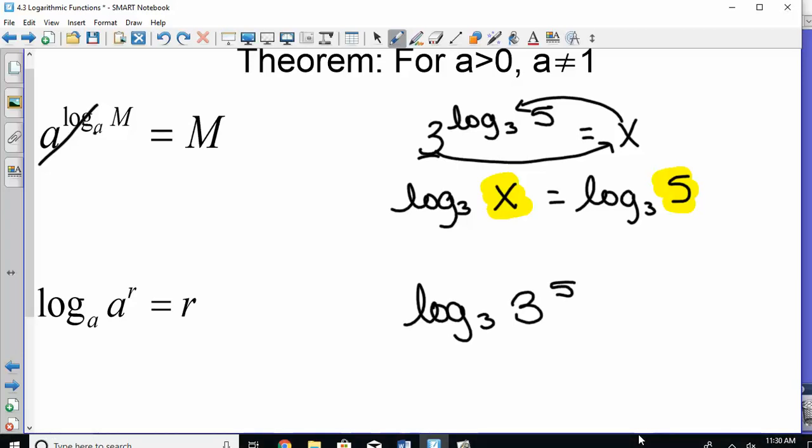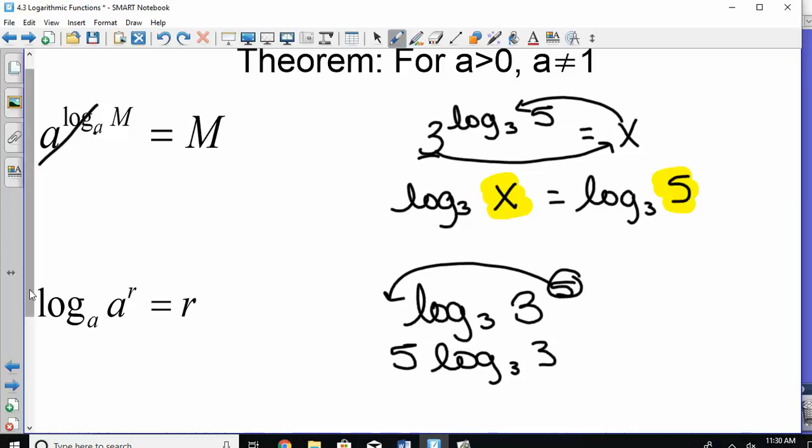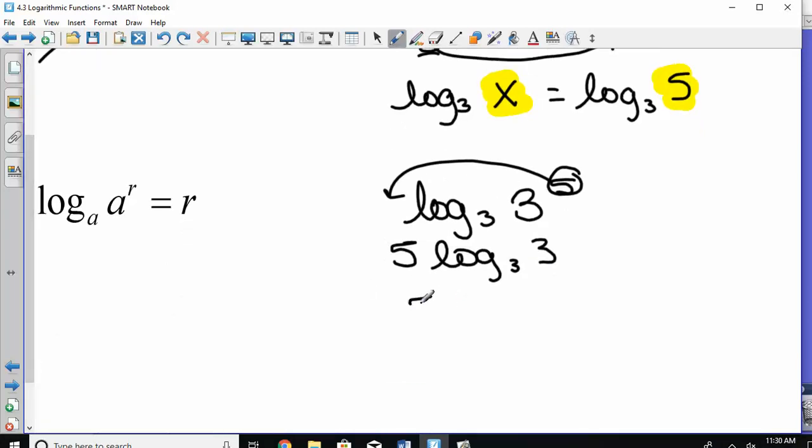The power property says if you have an exponent up here, it can go down in the front. So this just represents 5 times what is log base 3 of 3? 1. And we get our 5 again. So that's why they work. So if you forgot the rule, you could still get there. This takes a little bit longer. So far, so good?